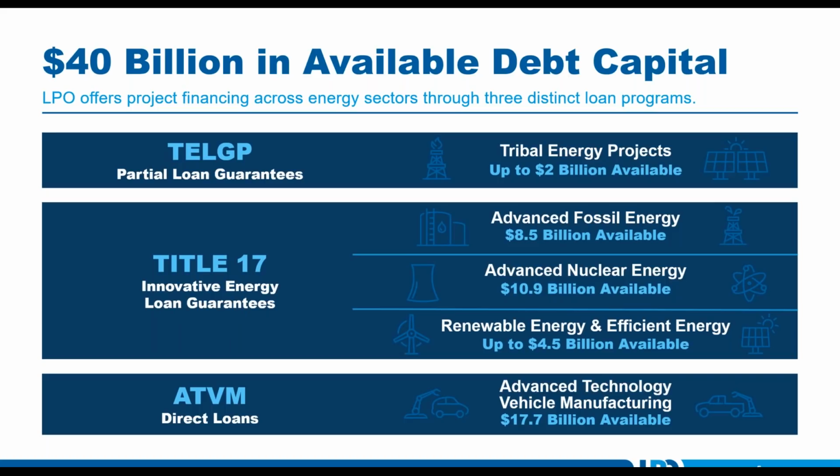So a tribe would originally apply for a loan with a lender, and the lender can be a regulated lender or a tribal lender. But then that lender would come to us for a loan guarantee, and that loan guarantee can be up to 90% of the loan value. So it's basically making that loan essentially 90% risk-free for the lender.